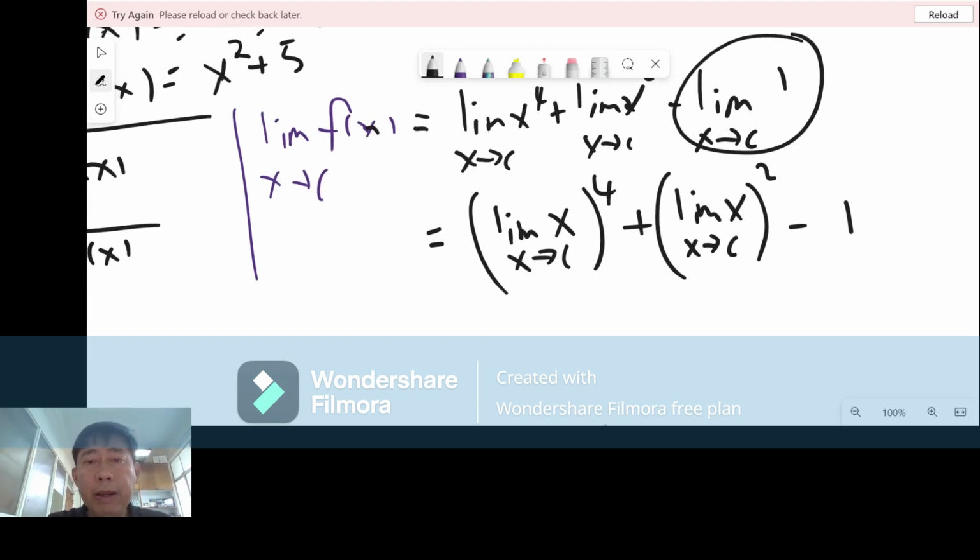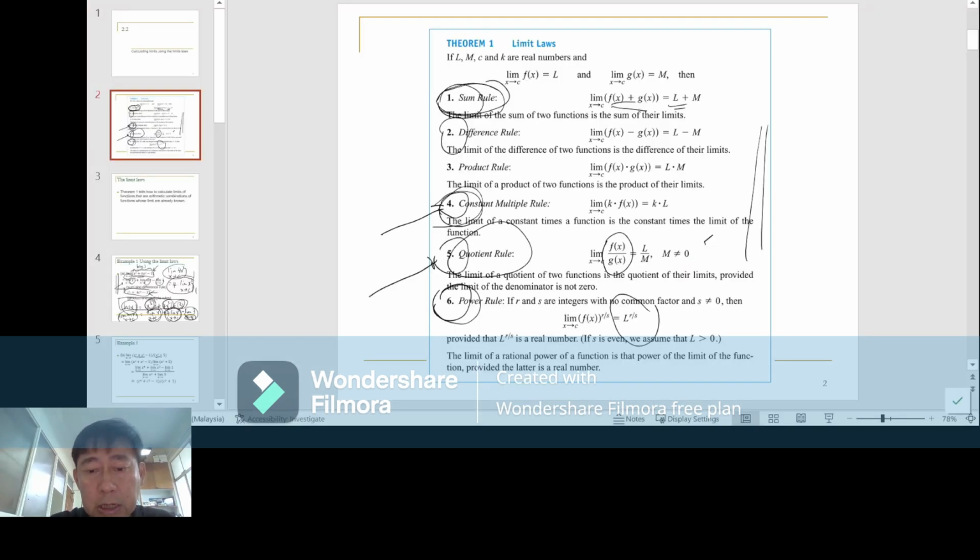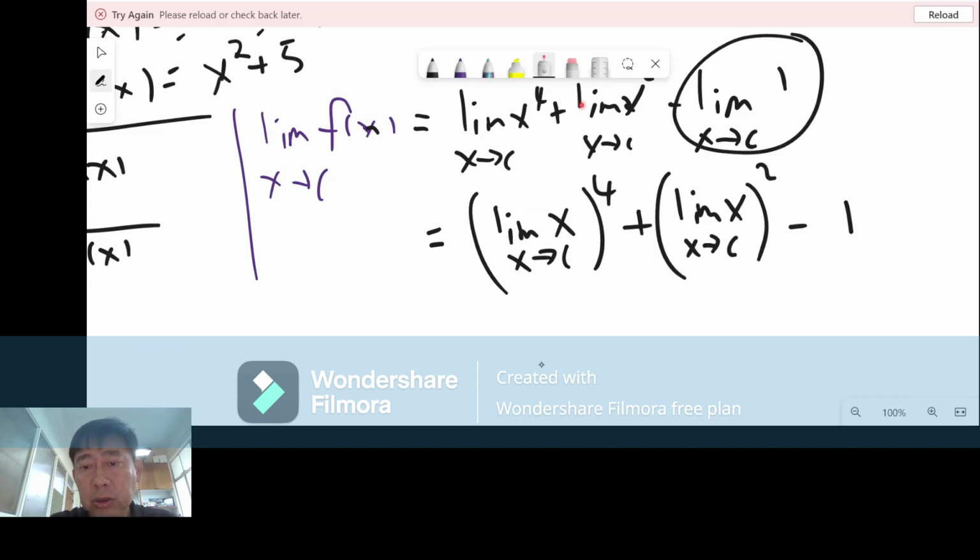So when I write down these equations from here to here, this refers to this term, I am actually making use of, again, the quotient rule, where I assume, sorry, not the quotient rule, the power rule, where here I assume s to be 1 and r to be an integer of 4 and an integer of 2 respectively.